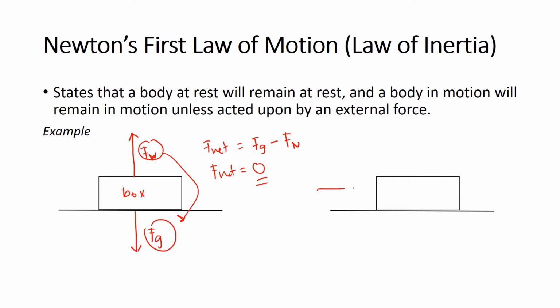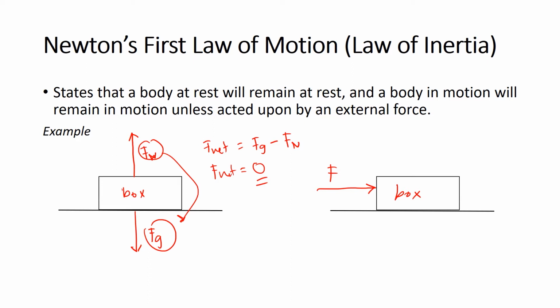And if we apply a certain force on this box, it will move at a constant velocity unless it is again acted upon by a certain external force, so that this box will stop. If there is no external force acting on this moving box, the box will continue moving at a constant velocity. So that's the concept of the law of inertia.